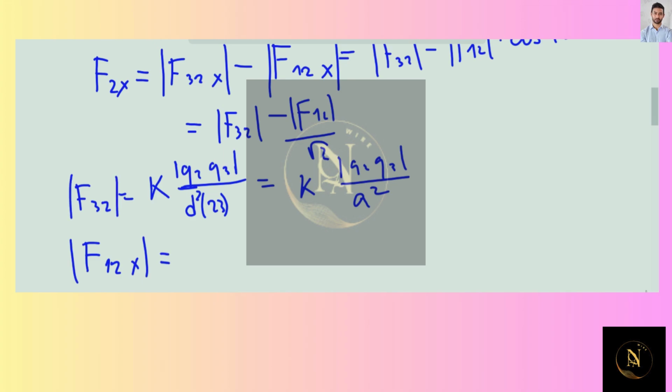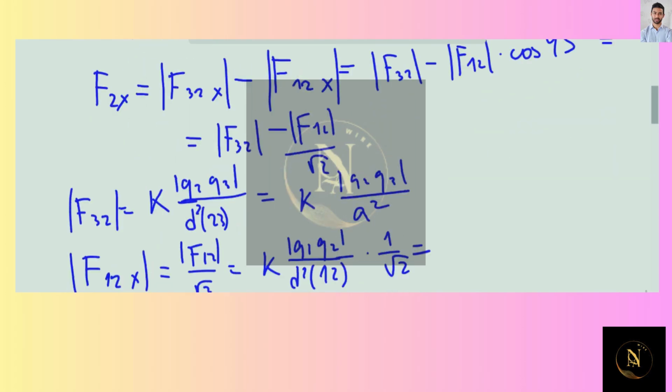It equals F12 over square root of 2, and F12 in turn equals k multiplied by q1 multiplied by q2 divided by the distance squared between points 1 and 2.